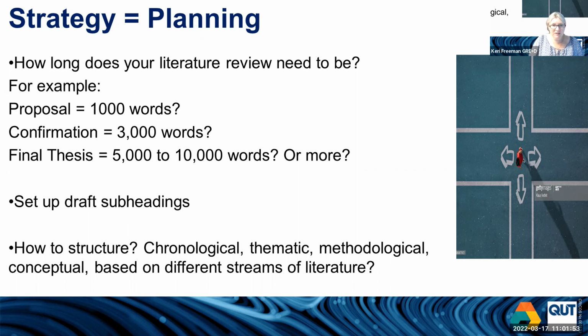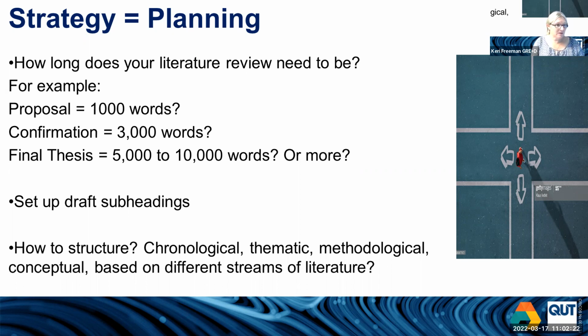Is it 3,000? Is it 10,000? Obviously that's going to make a really big difference to what you can include. If you can only have 1,000 words for your lit review, all of those purposes I gave you are very condensed. You can still fulfill them all, but just in a couple of sentences, if that's the limit you have on your number of words.